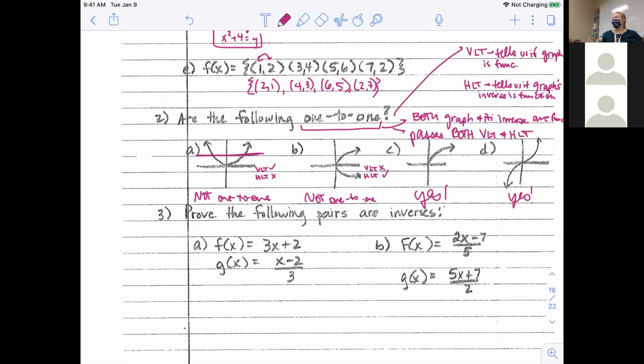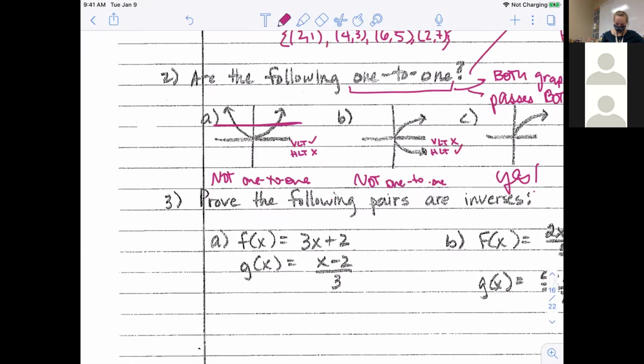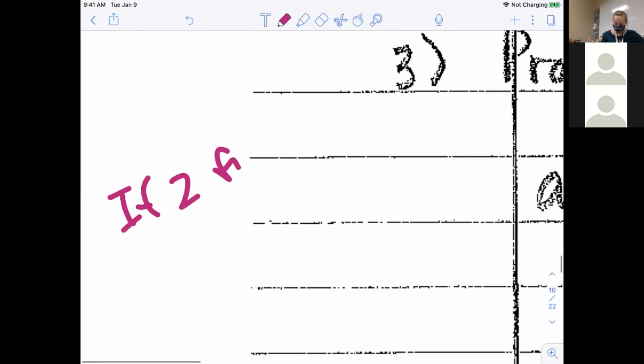Okay, next I have a part that says prove the following pairs are inverses. Okay, let's first talk about something. I'm gonna write a little note off to the side.